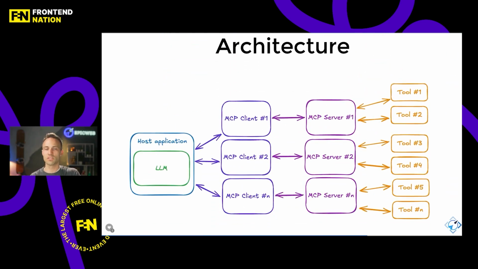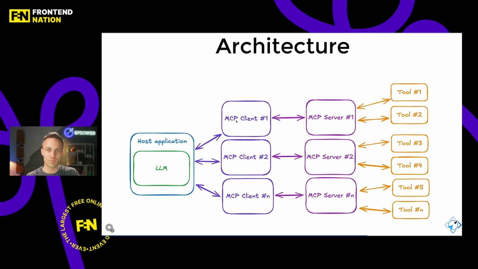So if we expand this a little to talk about the architecture, the host application wraps the LLM, so that's ChatGPT or Claude or Gemini AI Studio, and then it creates an MCP client for each MCP server that it is going to interact with. Right now, this process is where I think clients are lacking majorly. You notice Tony Stark didn't have to install or configure any apps in Jarvis. Jarvis just knows what he needs to do, and he can find the database and everything. He is very proactive. And this architecture allows for that as well.